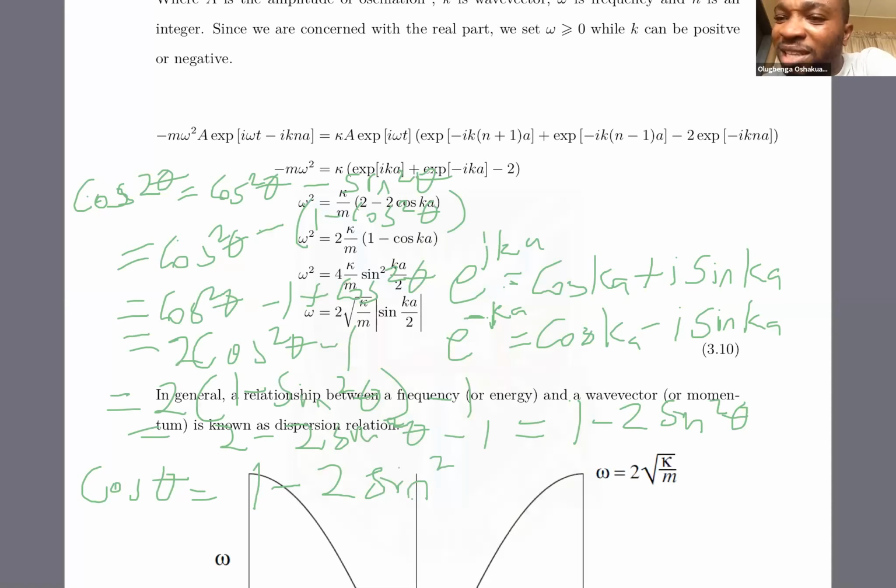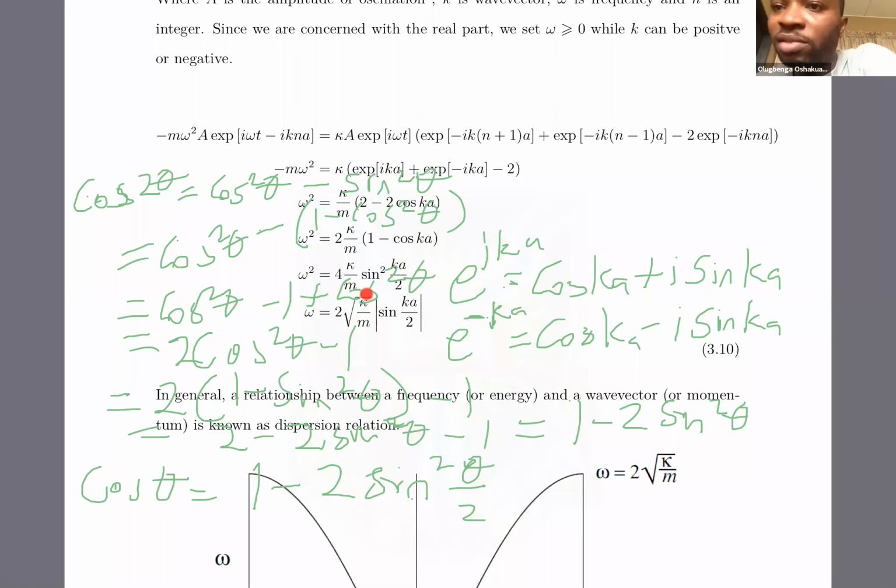Instead of having theta, it will now be theta over 2, because before it was formerly cos 2 theta that gave us 1 minus 2 sine square theta. So that means cos theta should be 1 minus 2 sine square theta over 2. And that is the origin of this second line.